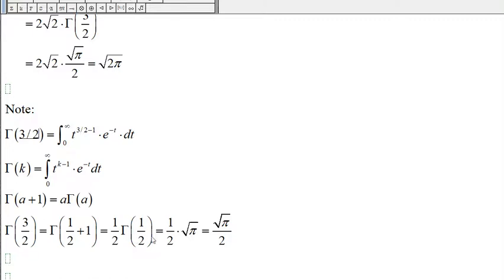In an earlier video, we have shown that gamma of 1/2 is the square root of pi.